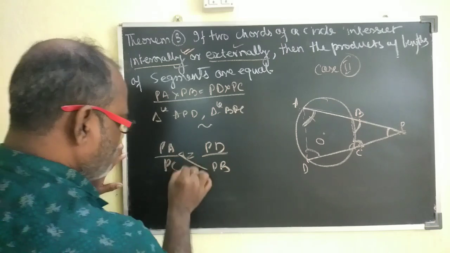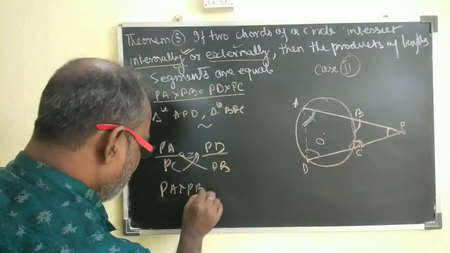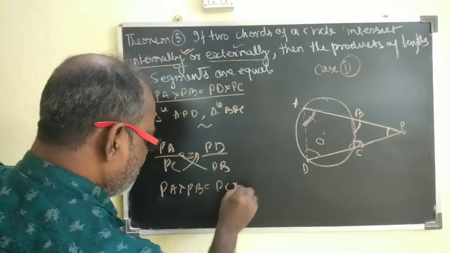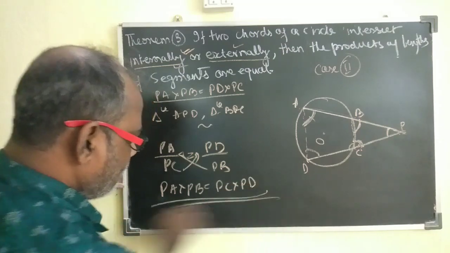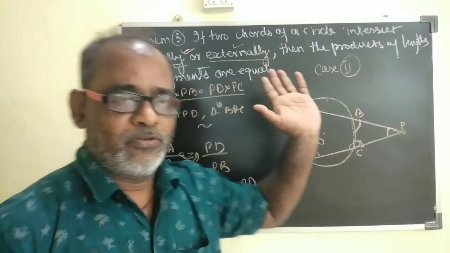If we cross multiply, we get PA into PB equals PC into PD. So this is also one of the most important cases of this theorem.